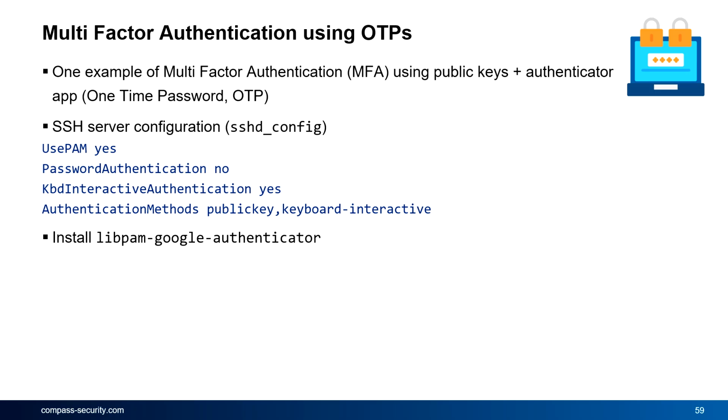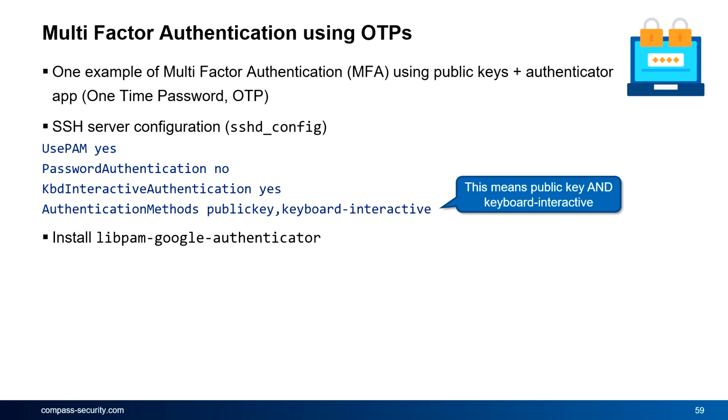Then in the authentication methods, you define how the authentication should be done. Here with publickey,keyboard-interactive, this means that these two authentication methods have to be performed for a successful login. First, the user has to successfully authenticate via a public key, and after this, the keyboard-interactive authentication method kicks in and asks the user for the OTP. For this to work, you also have to install the PAM module.